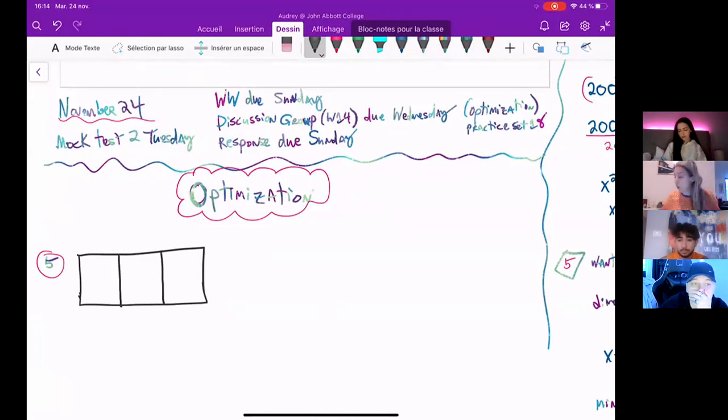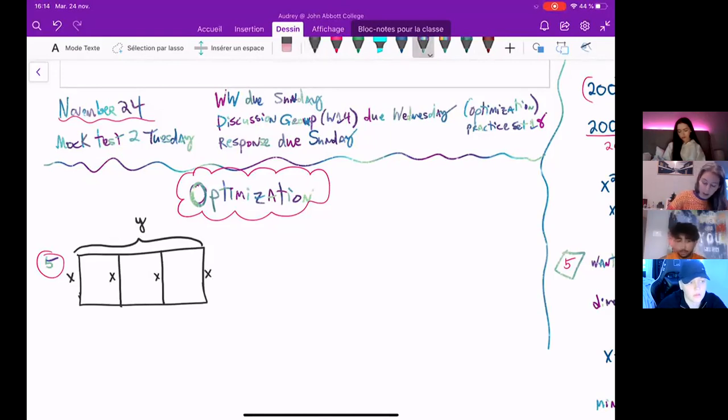And now I don't know what size this thing is, so let's let that length be X and this length be Y. If that length is X, then that's also X, and that's also X, and that's also X.